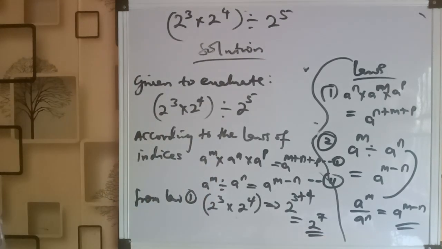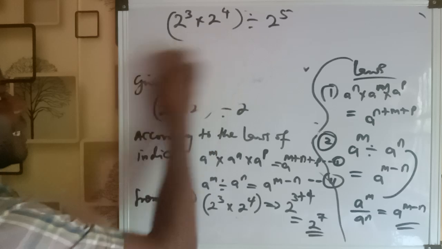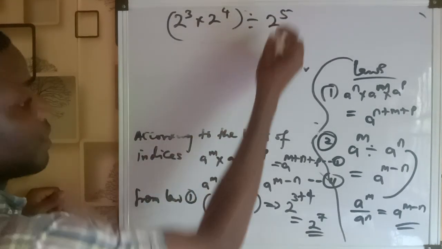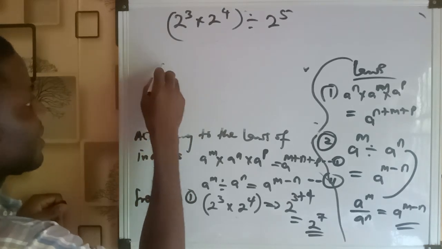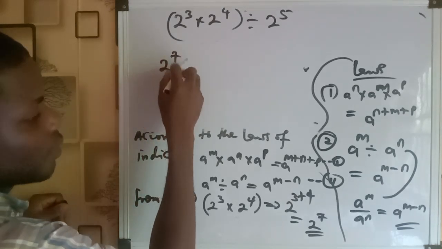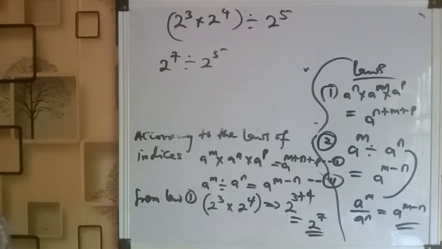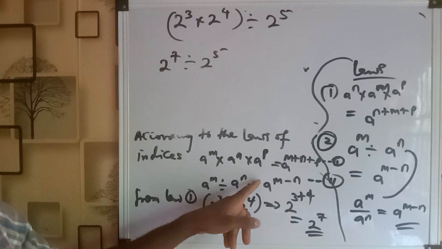You have solved what is inside the bracket. Now let's solve the one that is outside. Now that we are done with this, we can write it as 2 power 7 divided by 2 power 5. And that's what this law is all about, as we have established.